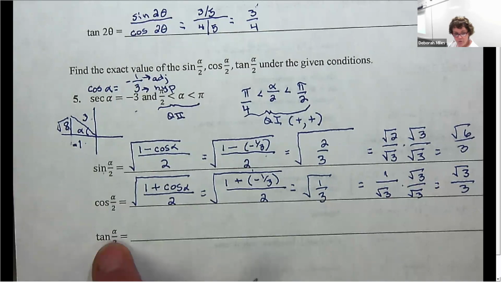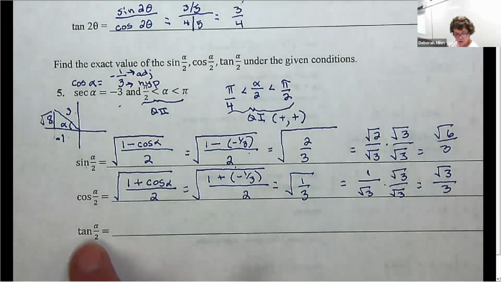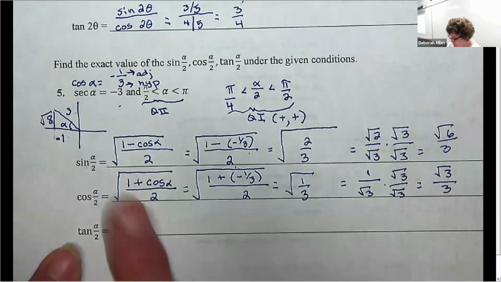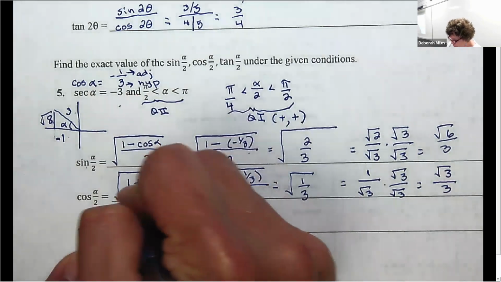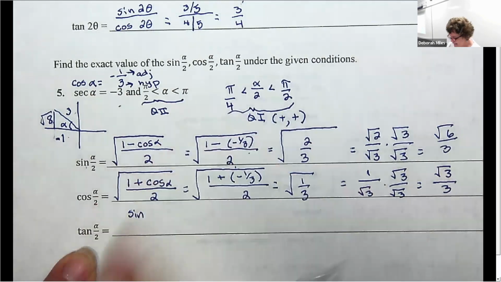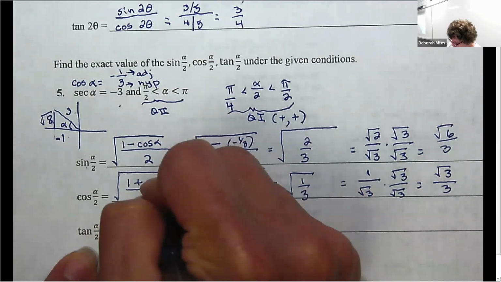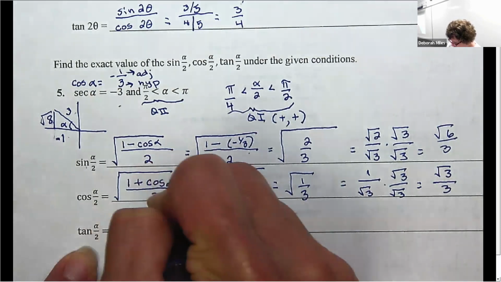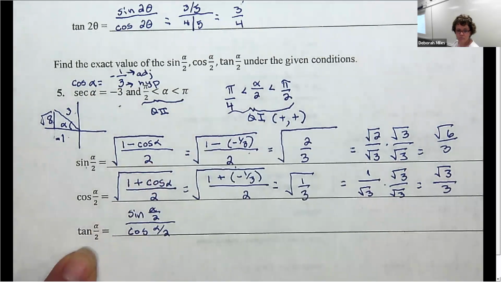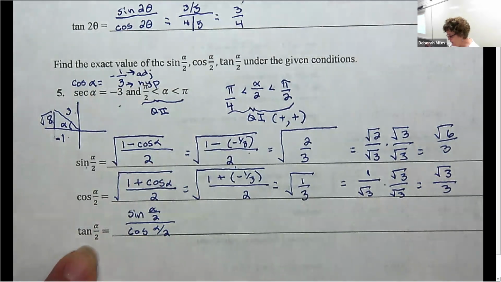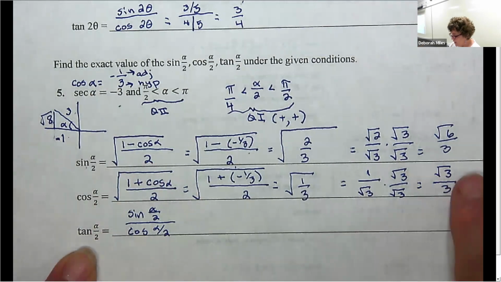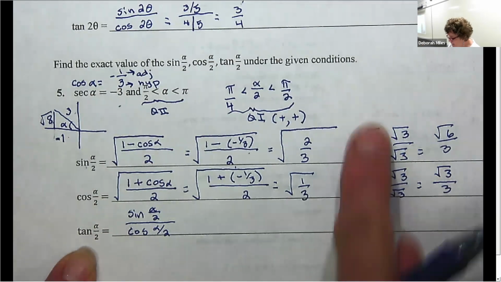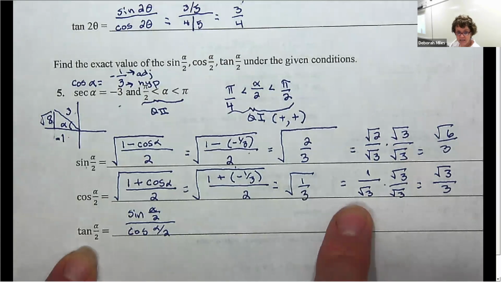And for tangent alpha over 2, we could use a half angle formula for tangent, but it would be easier to say tangent of alpha over 2 is sine of alpha over 2 divided by cosine alpha over 2. And it's actually easier to use the unsimplified or unrationalized form of sine and cosine.